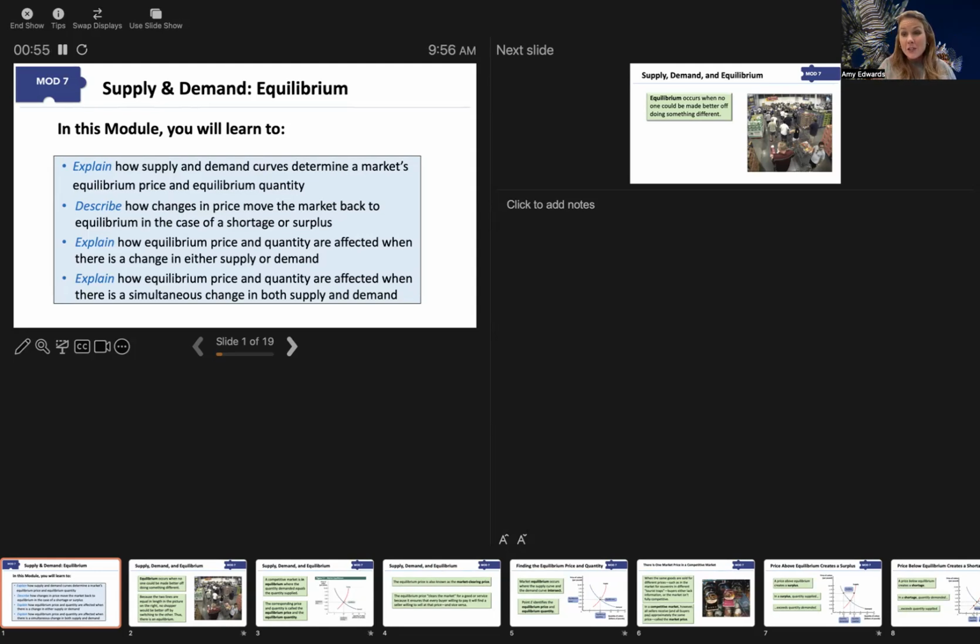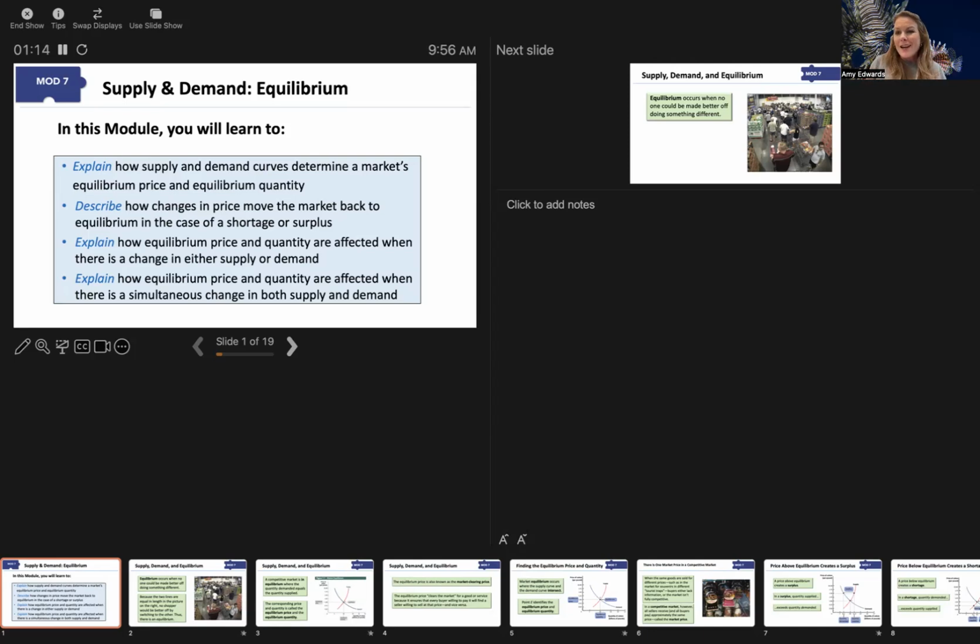And remember, a change in supply or demand is going to be a shift. Change in price, movement. Change in supply or demand, we're shifting those curves. And then we're going to explain how equilibrium price and quantity are affected when there's a shift in both supply and demand.